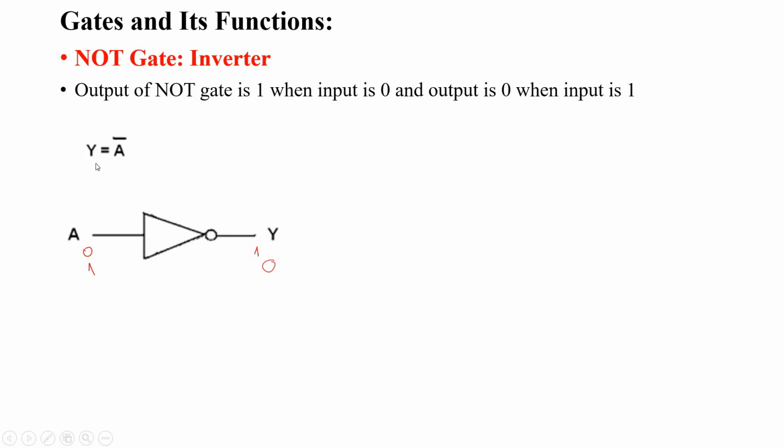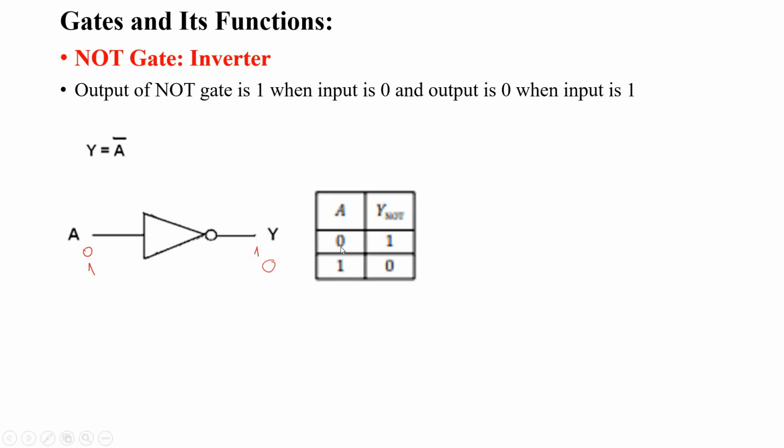It is indicated by the function Y is equal to A complement. A bar means it is the complement of A. So the output gets inverted. When A is equal to 0, output is equal to 1. When A is equal to 1, output is equal to 0.